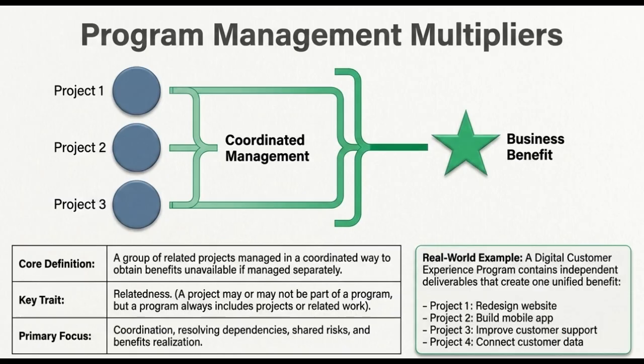One project to redesign the website, one project to build a mobile app, one project to improve customer support, and one project to connect customer data across systems. Each project has its own deliverables, but together they create one larger business benefit, a better digital customer experience. That is why they can be managed as a program.